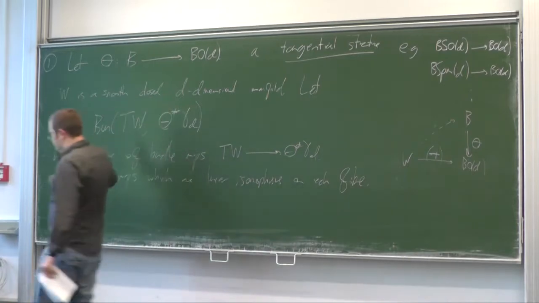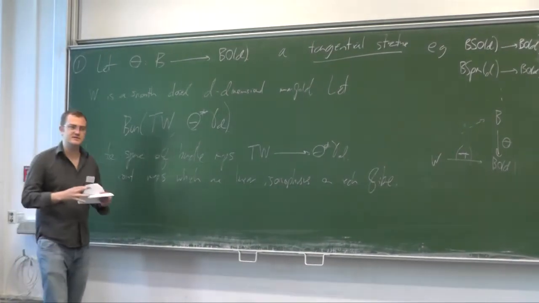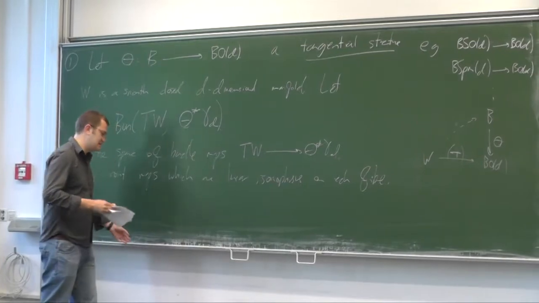And you can topologize that just with the compact open topology. So you just think of them as continuous maps that happen to have the property of being otherwise linear.